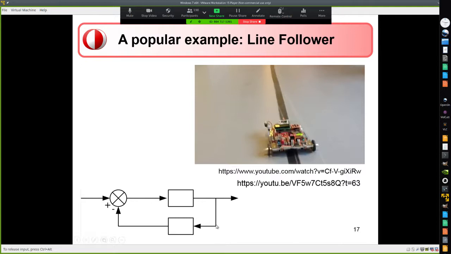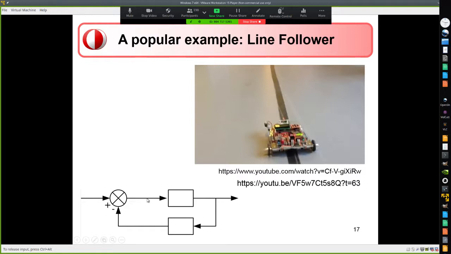So if you think about this diagram here, this desired signal is like where the line should be. And this line, if you think about this as some kind of a sensor, this is where the line is as measured from the output. And then you take the difference to see how much is the deviation, and you use that deviation. In the simplest case, you amplify this. Why? Because this is a motor, and this is simply a difference of location.